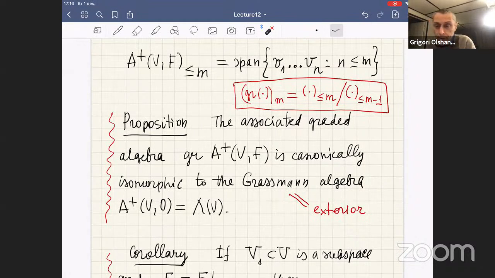This means that the size of our algebra is the same as the size of a Grassmann algebra, because the filtered algebra and the associated graded algebra are, loosely speaking, of the same size.